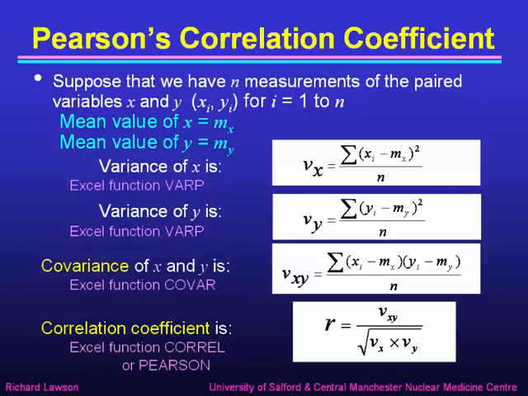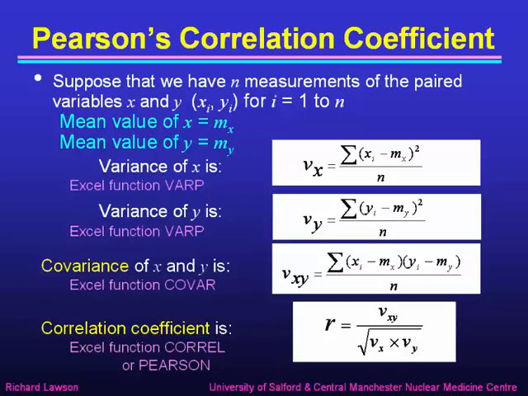If you look at these equations, you can see that if we had a perfect condition in which xi and yi were equal in every pair, then the formula for vx and the formula for vy would be identical if x and y are identical. But so would the equation for vxy if x and y are the same.